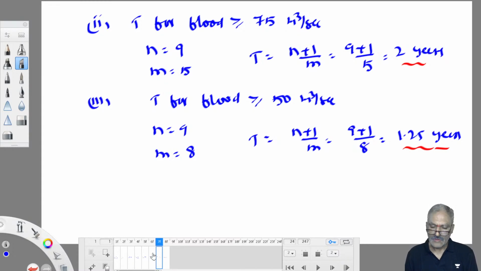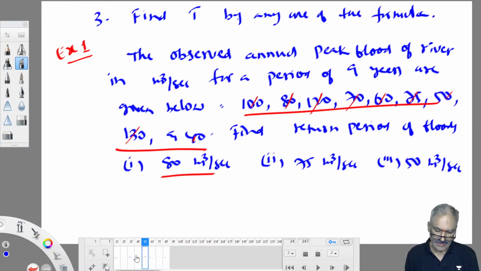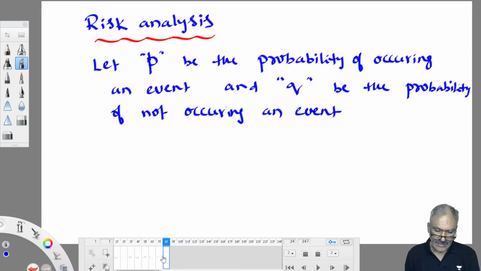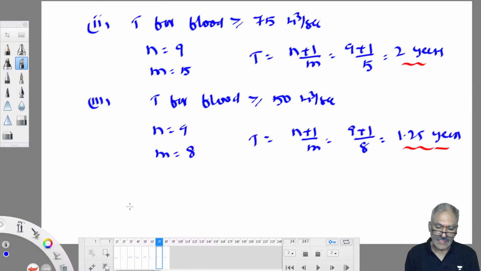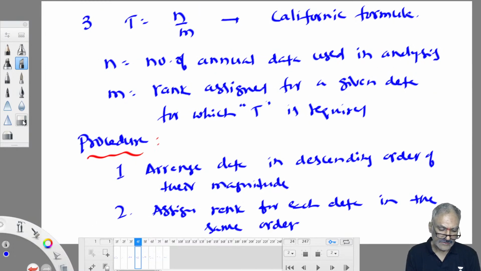Okay, I took small n; capital N also you can take, for number of data. Let me take capital N, okay? Reason I'll tell you. Because small n is used elsewhere also, you'll get confusion. I replaced that small n by capital N. No problem. It could be any letter.